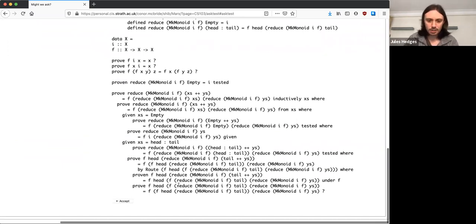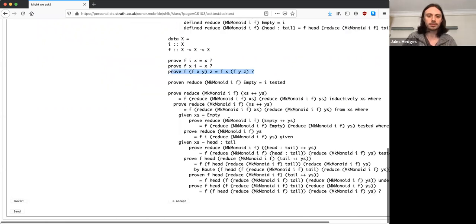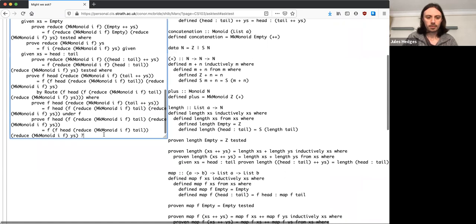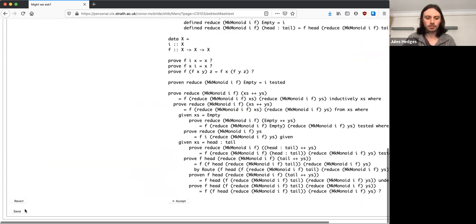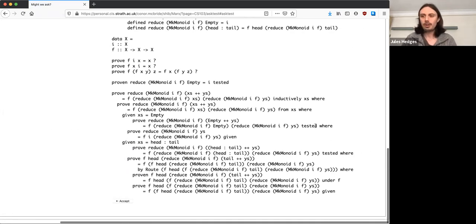And if you look at this thing we now have to prove, this is an instance of the rebracketing equation for our fake monoid with f. This says that combining head, reduce tail, and reduce ys in two different ways using f with the two different bracketings are equal. So this is actually a substitution instance of this equation. So I can get this by given. Okay, and now I really am done.